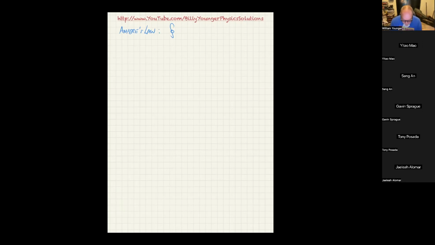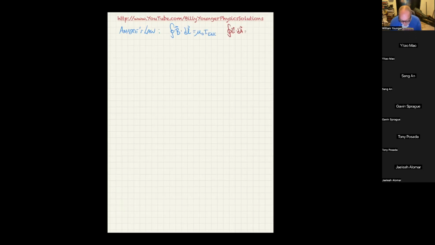So what we have is the closed integral of B dotted with dL, a differential line element, is equal to mu 0 times I enclosed. If you remember correctly, Gauss's law was the closed integral of E dot dA, which is part of why I went into that diatribe about the magnetic flux.